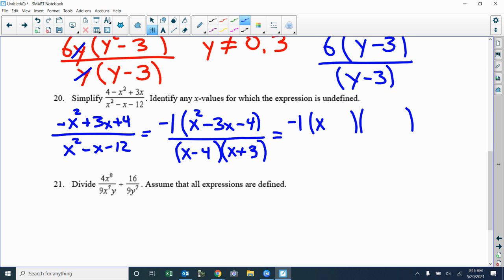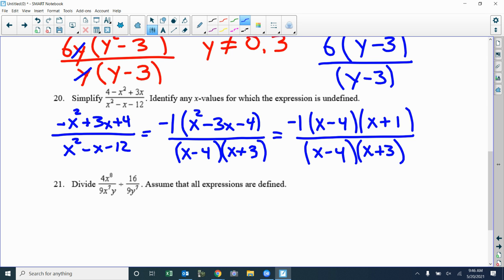Factors of 4, 1 and 4. So we're going to have x minus 4 and x plus 1. We're still over x minus 4 and x plus 3. Okay, so that all got us to the point where now we can answer our questions.